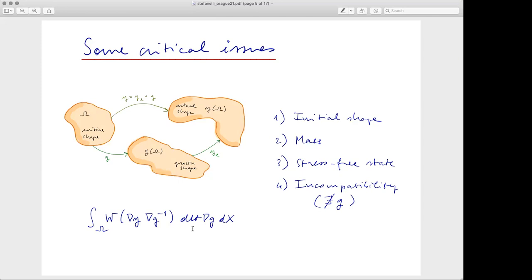A third issue is the possibility of having stress-free states. So now the way the energy is defined, it kind of suggests that the last elastic step is starting from a stress-free state, which is the grown shape. This is very hardly the case.